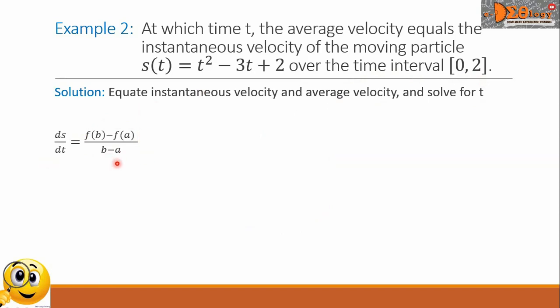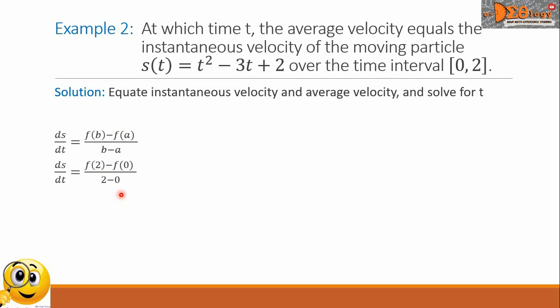Take note that ds over dt is the instantaneous velocity, while the right side here is the formula for the average velocity. Now, with respect to our time interval, the right side of the equation becomes f of 2 minus f of 0 all over 2 minus 0.